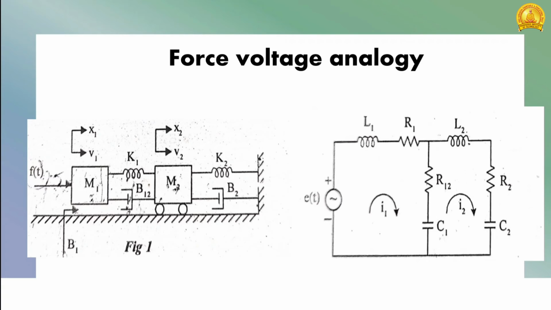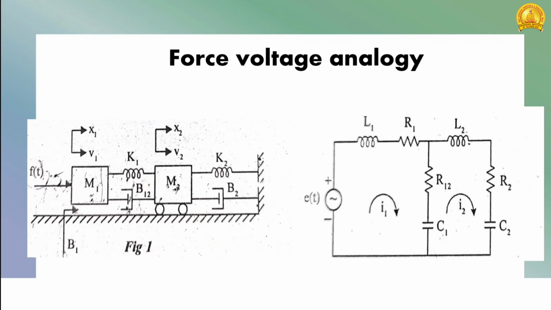Now check the node M2. That means loop 2 will be representing the node M2. Here the various elements are K2, B2, M2, K1 and B12. We have represented K1 and B12, which are common to M1 and M2, in the common branch, so there is no need to represent them once more.